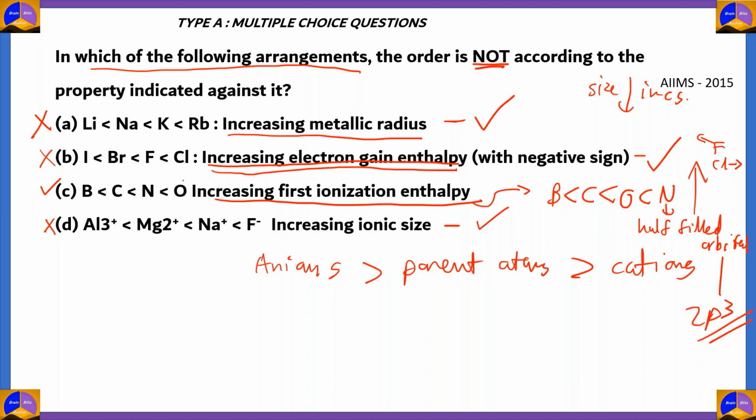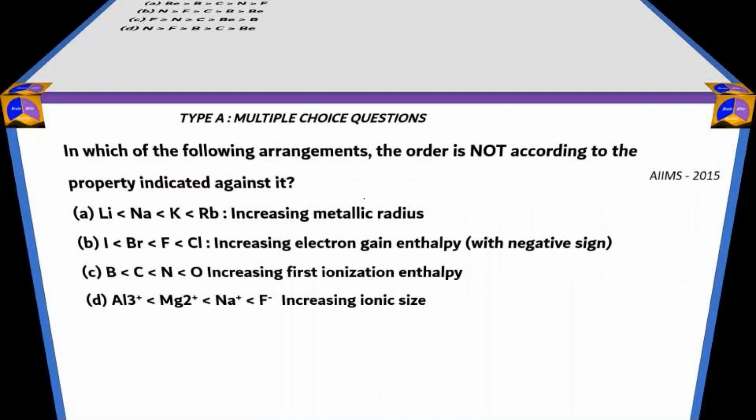So therefore, option C is the only option where the order is not according to the property indicated. So that makes this option correct because the statement by itself is not according to the property indicated.